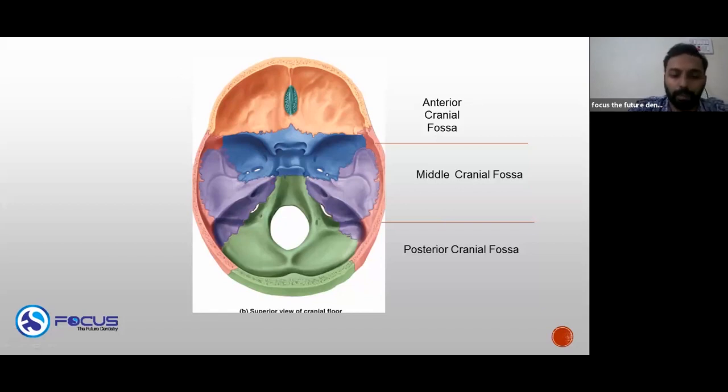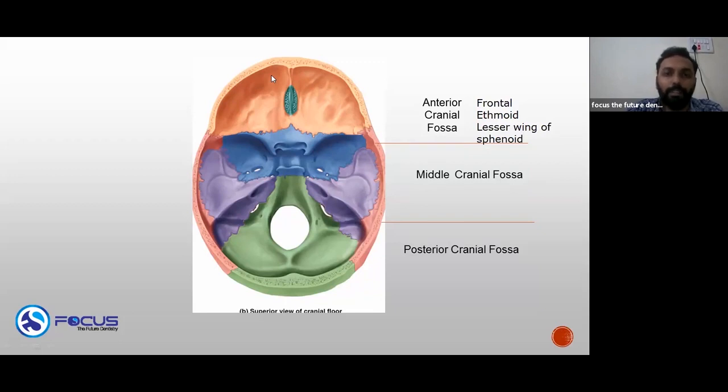Now, what are the bones which you see in anterior cranial fossa? There are only two major bones which form the anterior cranial fossa, that is frontal and ethmoid, and partly the lesser wing of sphenoid. So these three bones form the anterior cranial fossa.